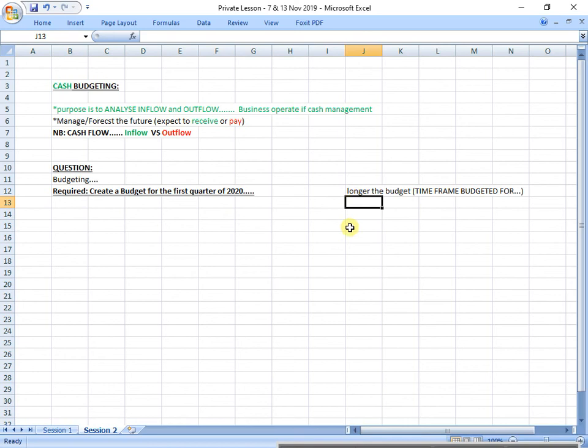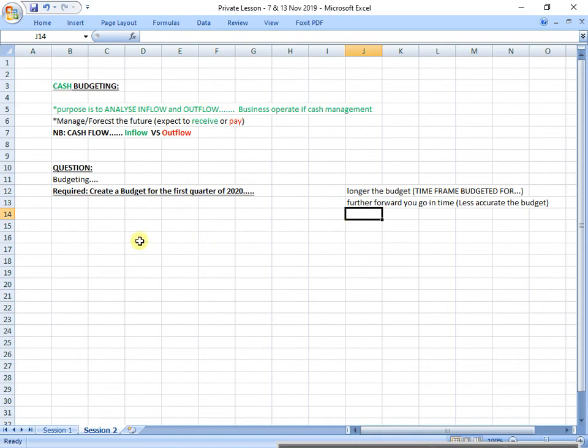So with a budget, the further forward you go in time, the less accurate the budget. That's the only problem with the budget, and that's why normally you want to revise and constantly update your budget because things change.